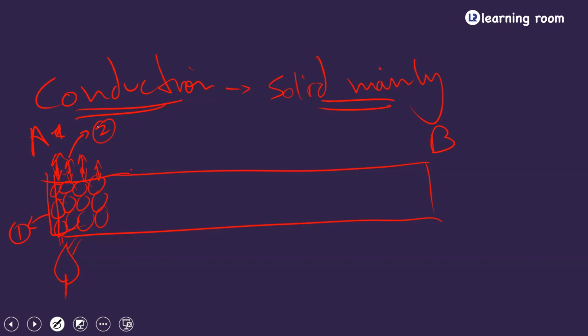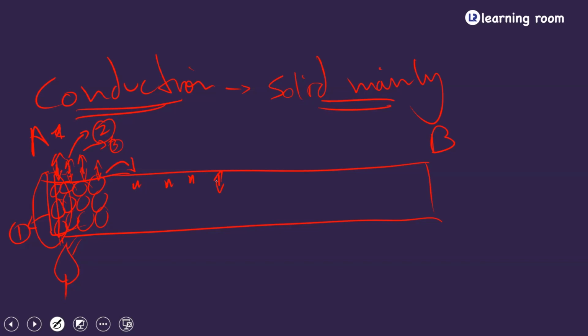The third is in contact with the second one, and it will start vibrating. Eventually, the highest heat will be here. The second row will be slightly less than the first one, the third row slightly less than the second one, and so on. The vibration will continue, and eventually it will reach point B. So this process in solid is called conduction.